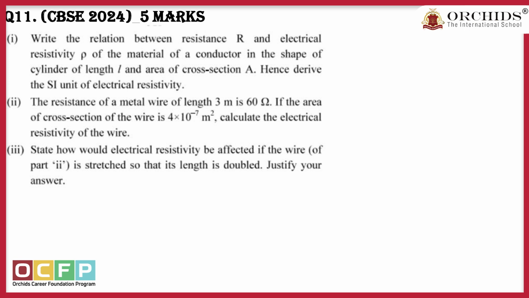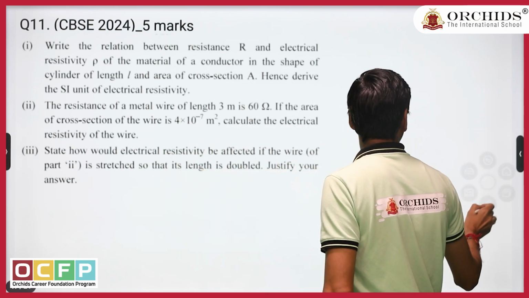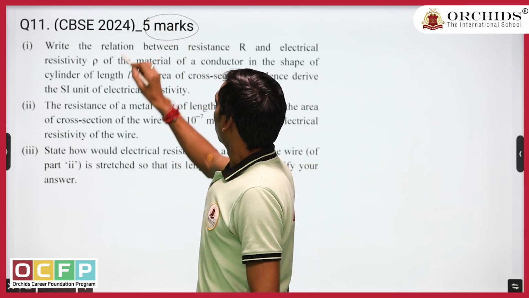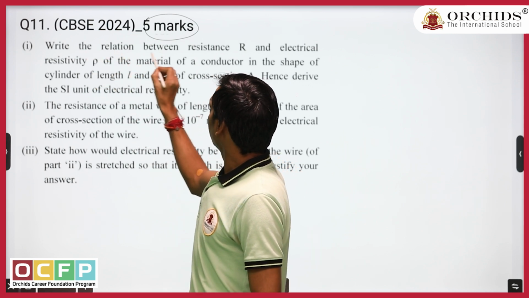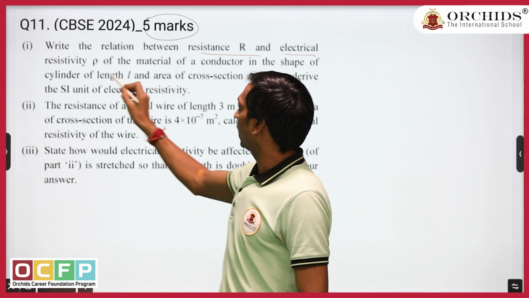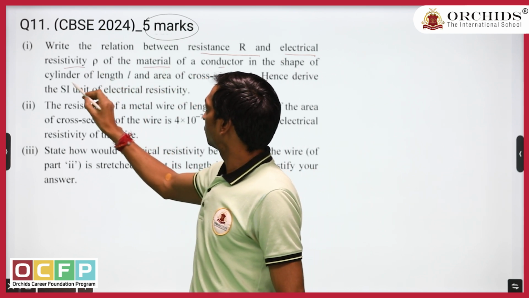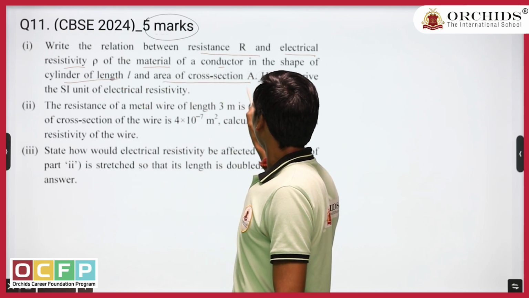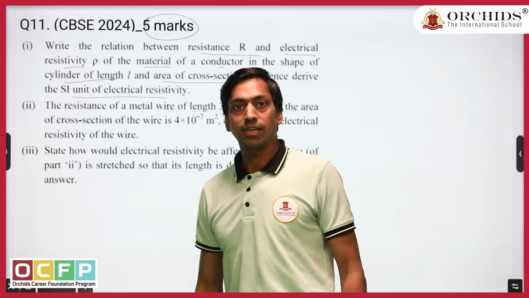Next is question number 11, from 2024, a 5-mark problem. In this question, we have to write the relation between resistance and electrical resistivity of the material of a conductor in the shape of a cylinder of length L and area of cross section A, and hence derive the SI unit of electrical resistivity.